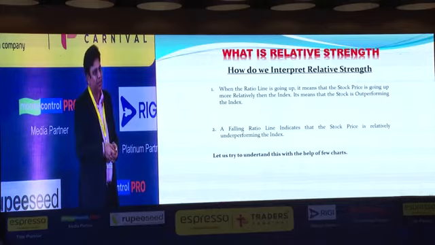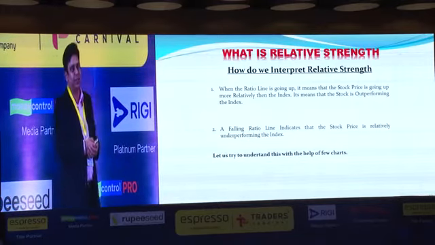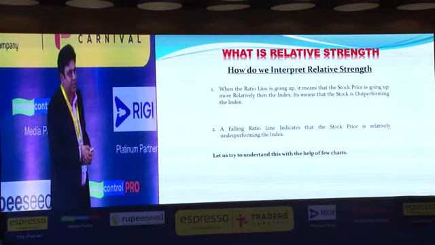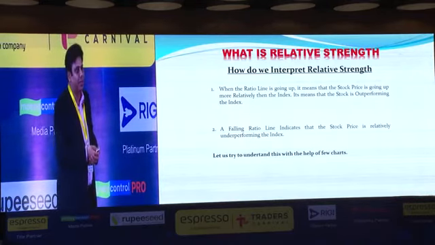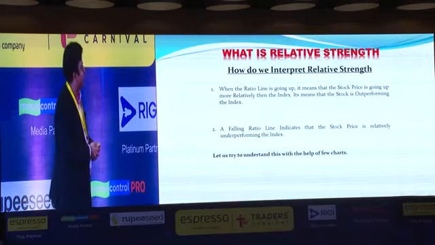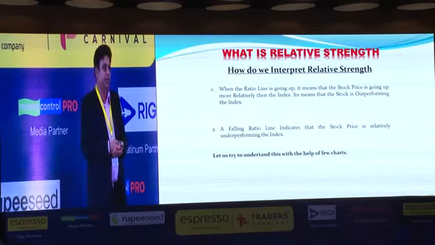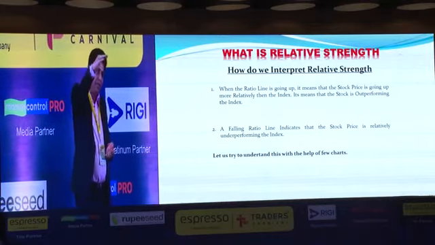So obviously, if my line is making a series of higher highs and higher lows, it means that my stock is outperforming the index, and we would like to be in those kinds of stocks and sectors. A falling ratio line: the stock price is going up, but my RS line is falling.